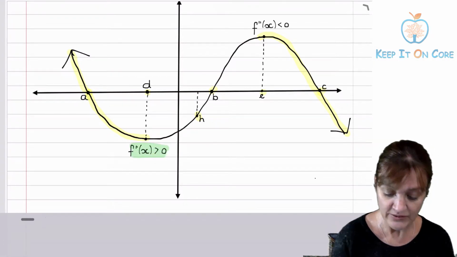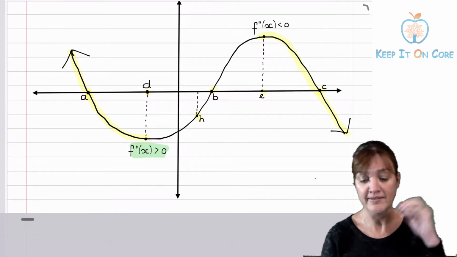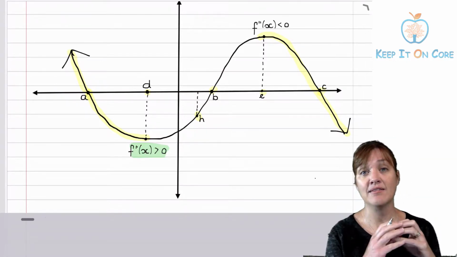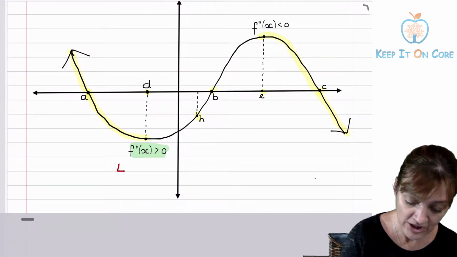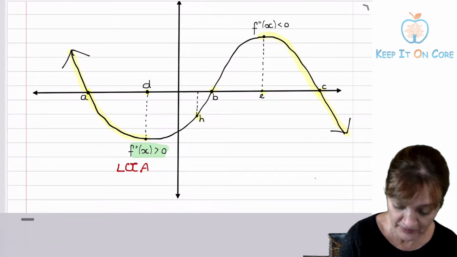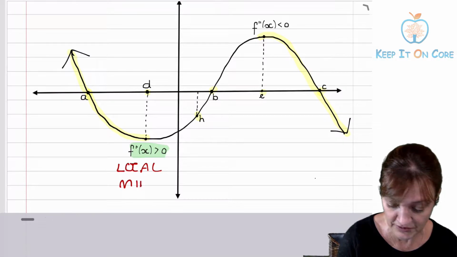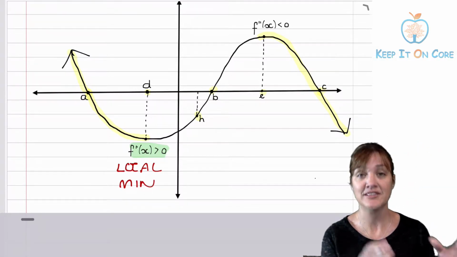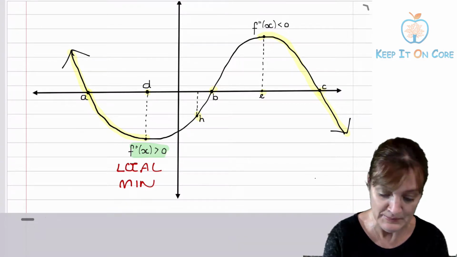If your answer is greater than 0, in other words, if your second derivative with that particular x value is positive, then you know that that point is going to be a local minimum. So the positive value of your second derivative gives you the local minimum.